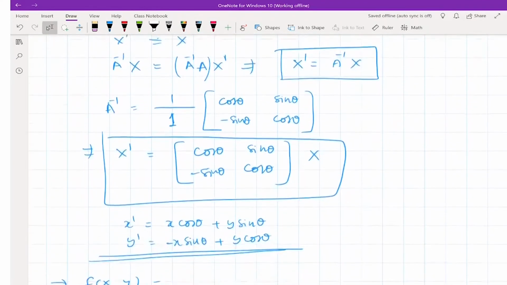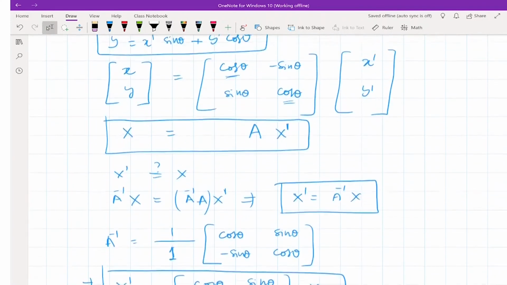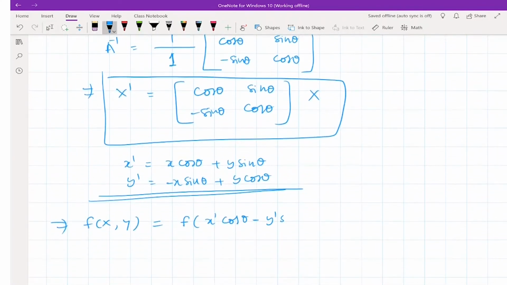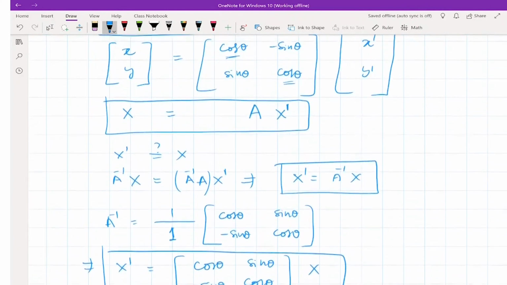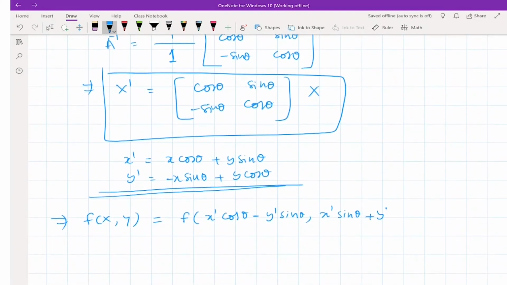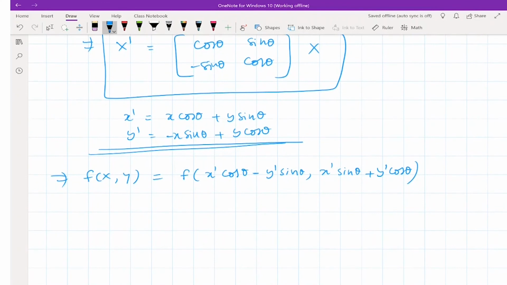So f of x dash cos theta minus y dash sin theta, comma, x dash sin theta plus y dash cos theta. That's your f of x, y in terms of x dash and y dash.